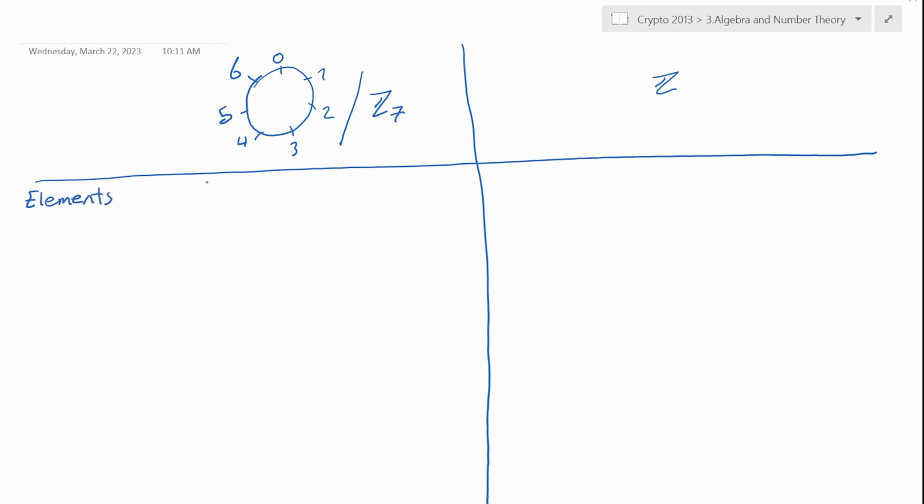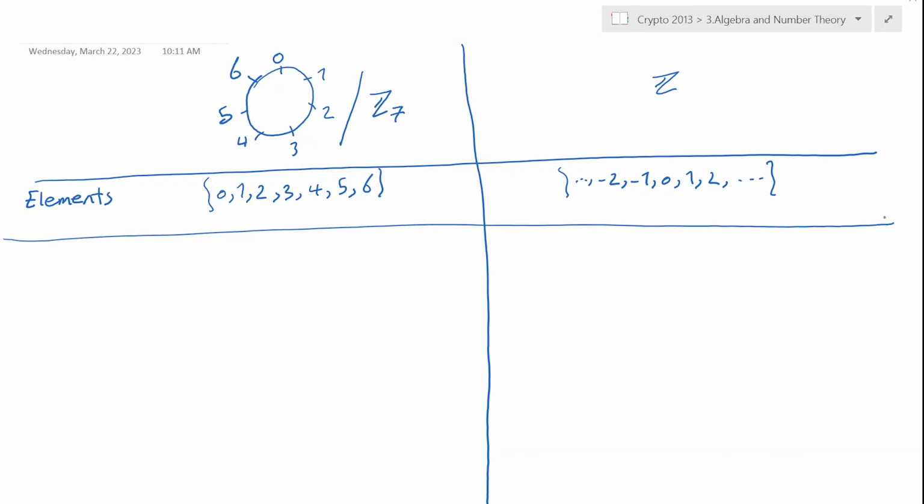Over here the elements are 0, 1, 2, 3, 4, 5, and 6, which is finite. And over here we have an infinite number of elements: 1, 2, and on to infinity. So the first thing we see is that one of them is finite, and the other one is infinite.